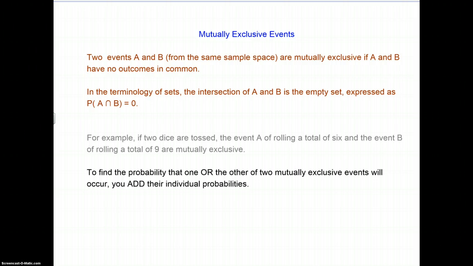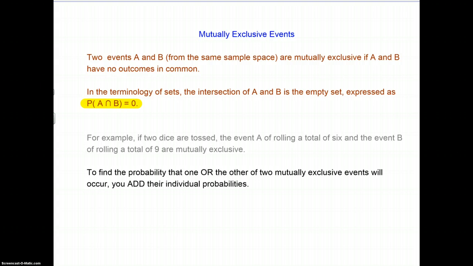In the terminology of sets, the intersection of A and B being the empty set would be the reflection of mutually exclusive events. So, in other words, if I look at this equation, the probability of A intersecting B, there's no chance that there's an overlap between these two outcomes.